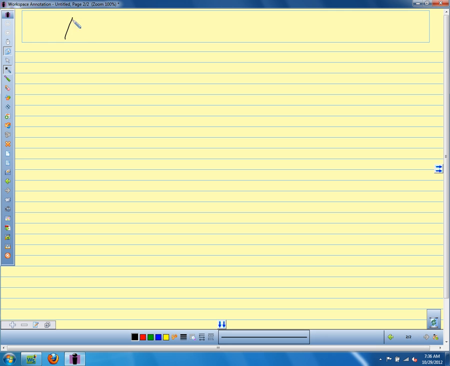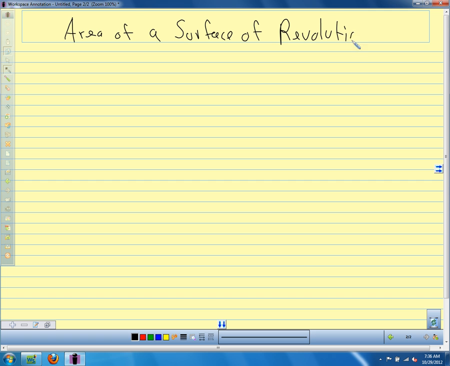All right, so for a surface of revolution, again we're just using what we already talked about for a surface of revolution using parametric equations, and we're just substituting our expressions for x and y into our arc length integral for polar coordinates.